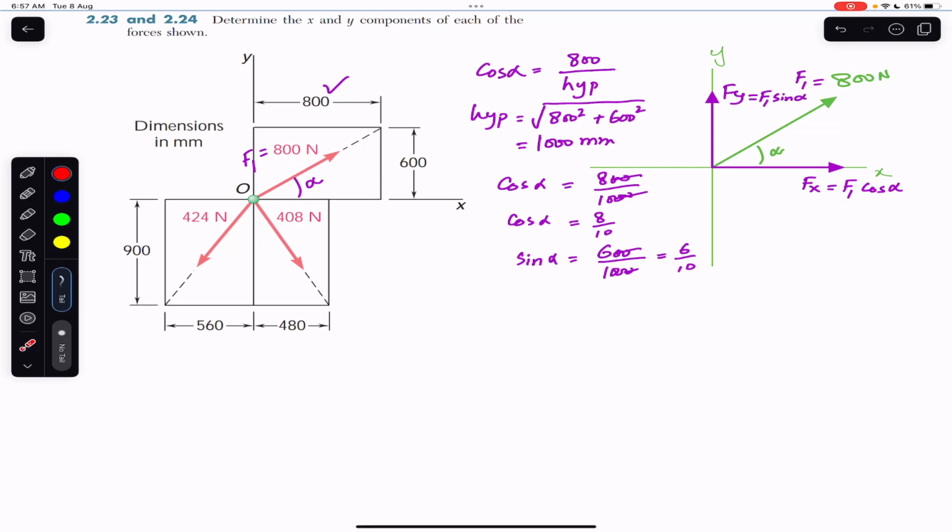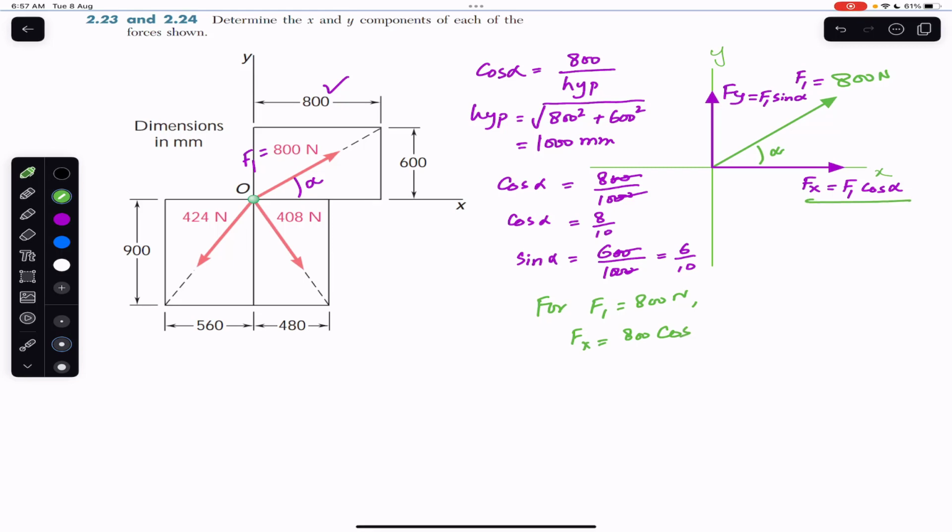So now we can write that for f1 equals 800 Newton. F of x is f1 cos of alpha. Now f1 is 800, this is f1 cos of alpha.